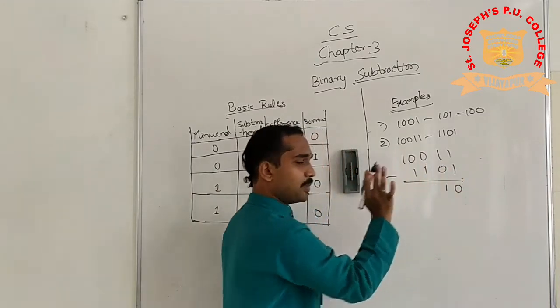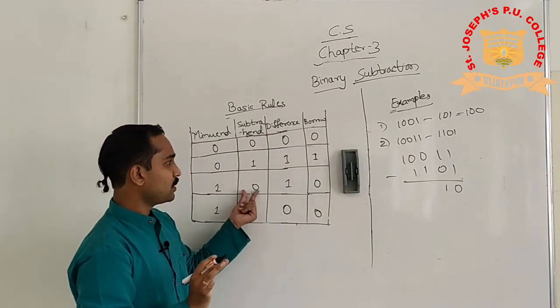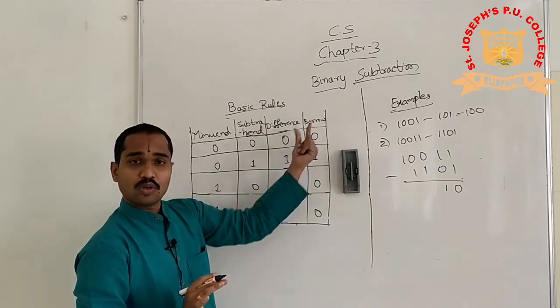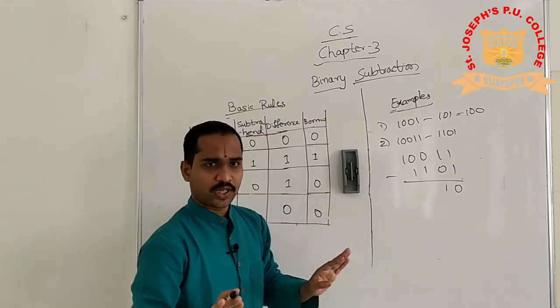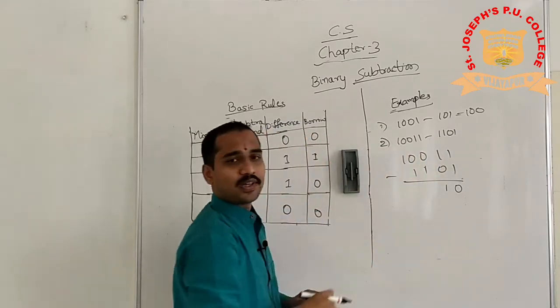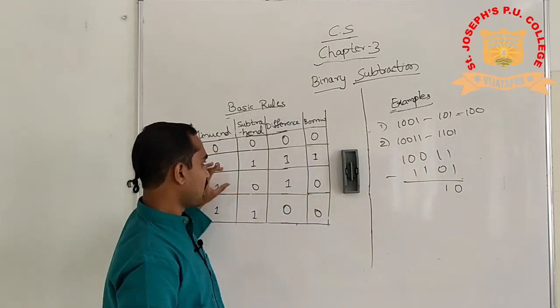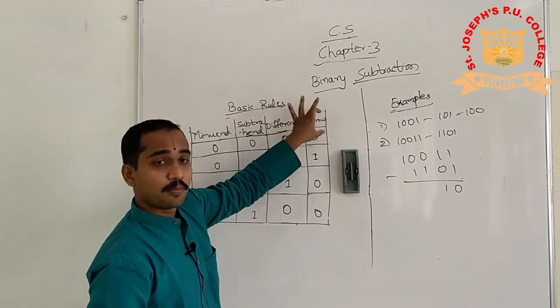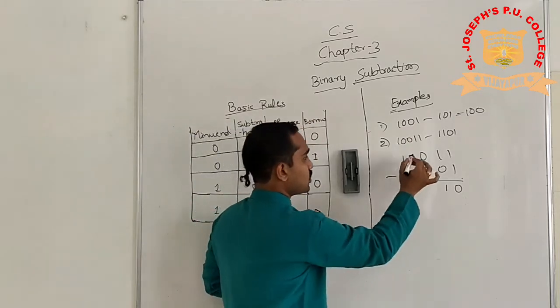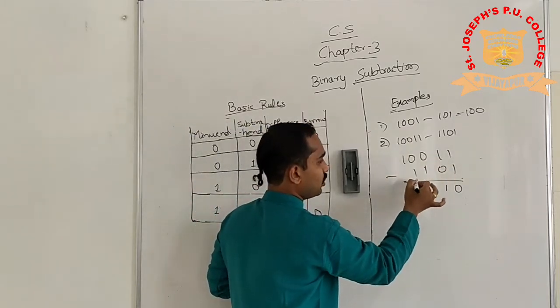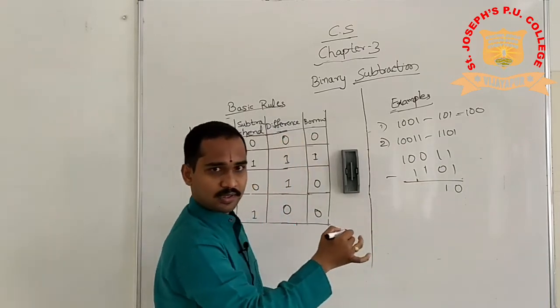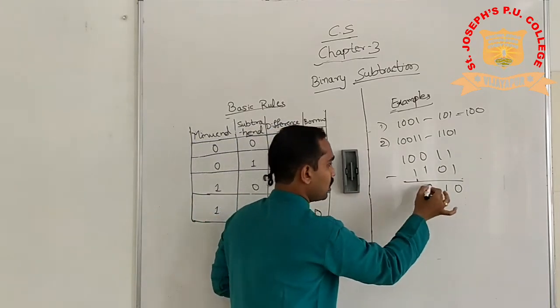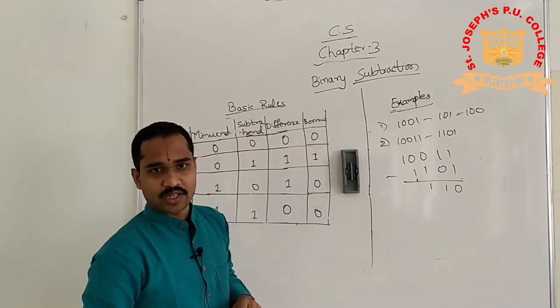Difference is 1. But no need to take borrow. Correct. 1 minus 0. Difference is 1. No need to take borrow. So 1 I have written. Fine. 0 minus 1 it is. Again, difference is 1. Borrow is also 1. So you are taking a borrow. Okay, I am writing 1 here, so that I have taken a borrow and 1 is the difference.